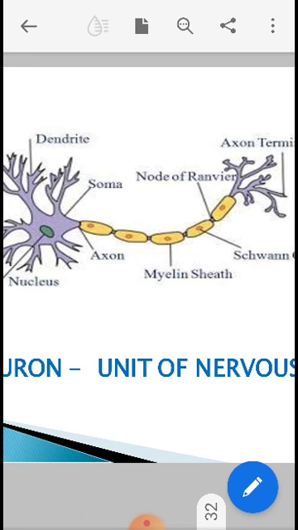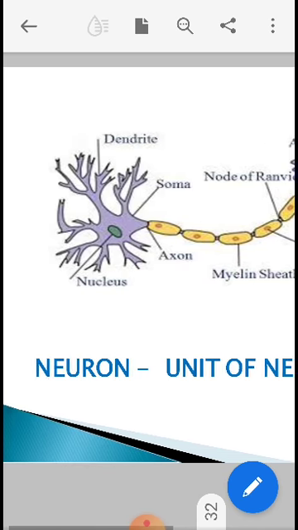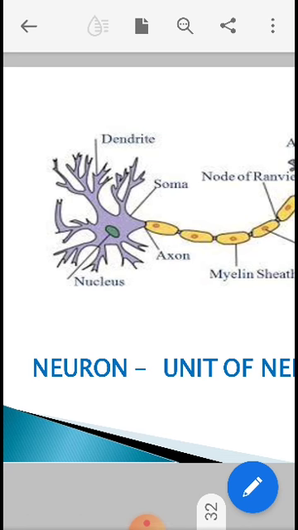What is the axon terminal? The axon terminal is the tip. You can see the last part. Terminal means the end, the one that is at the last. So that is the last part of the tissue. And here in the structure you can see the dendrite.